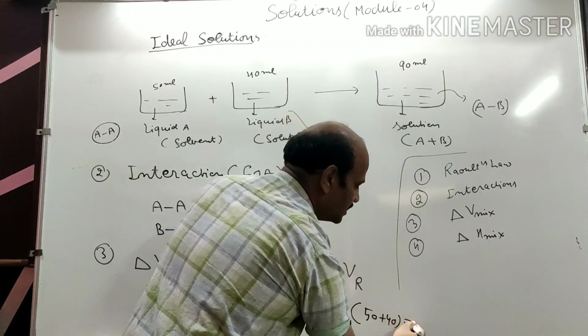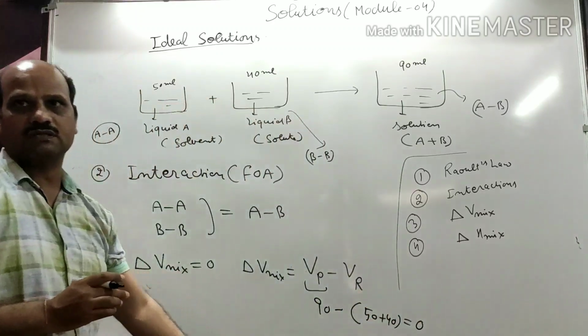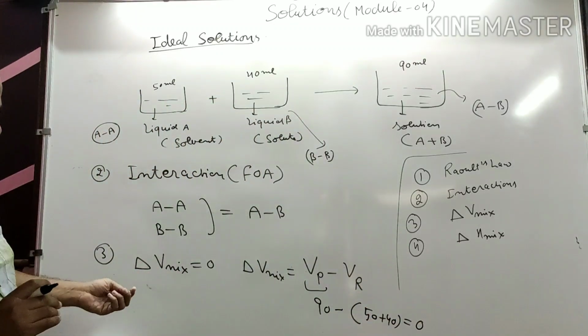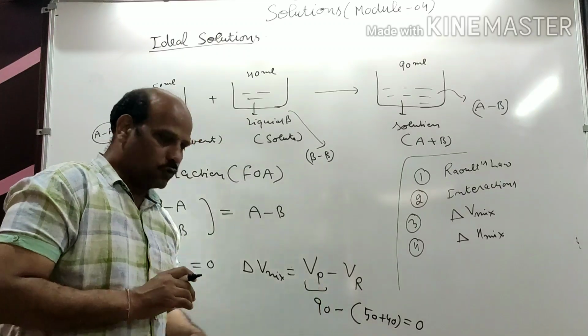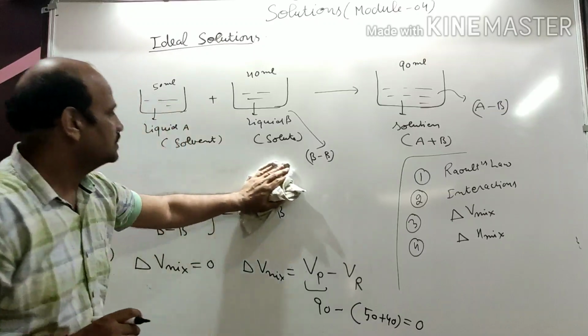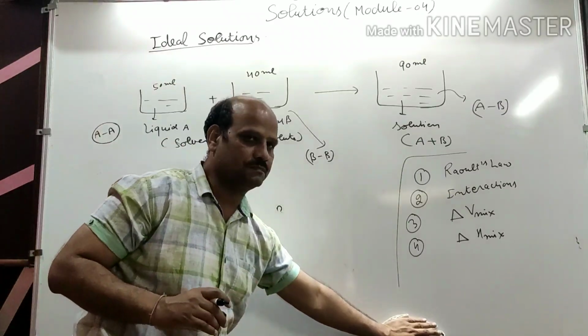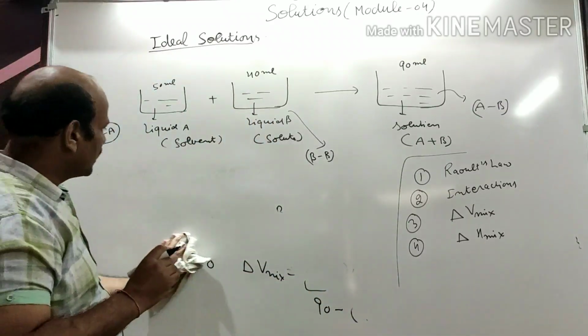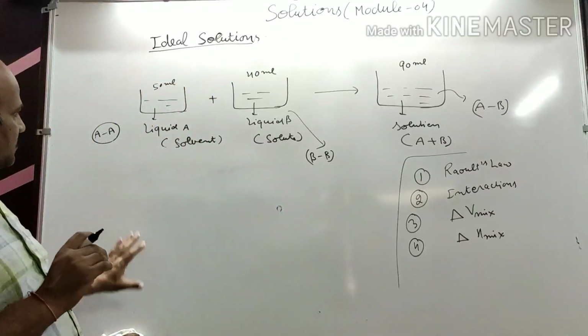The result will be 0. I think, friends, it is clear to you. Delta V mixing should be 0. The third condition we have covered.